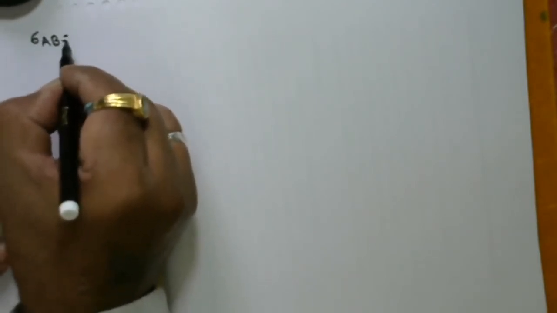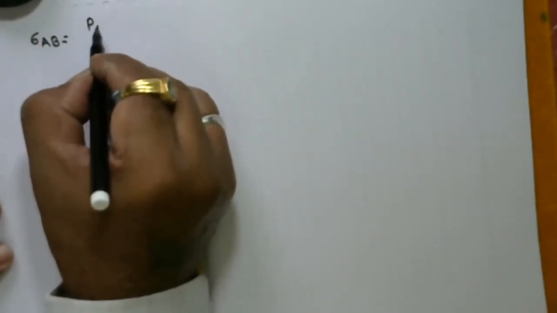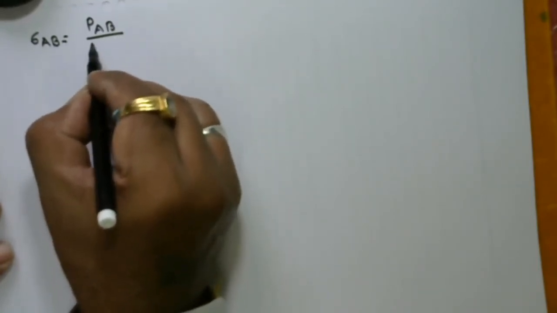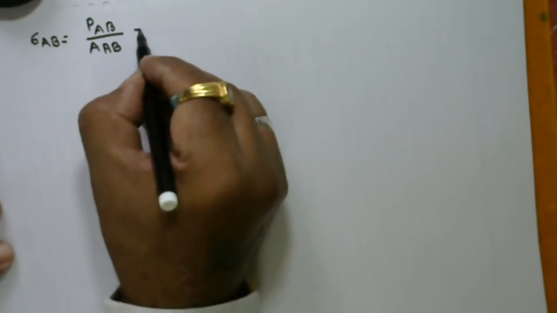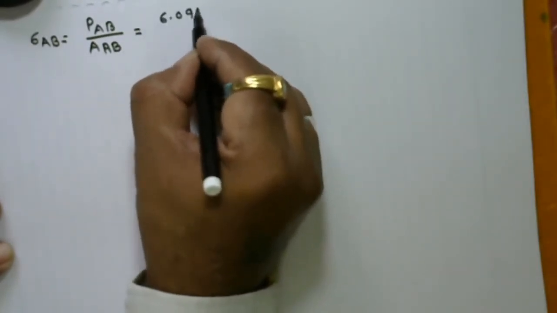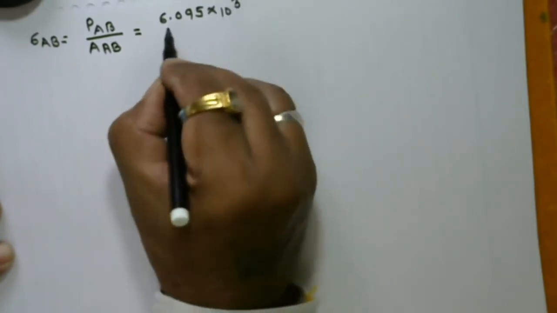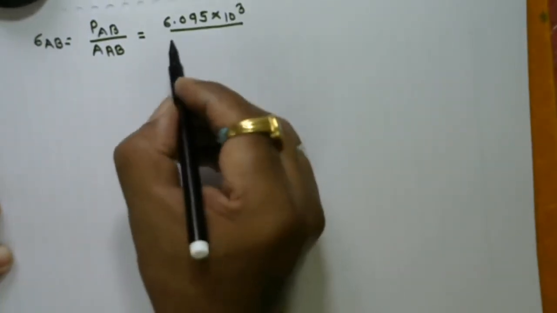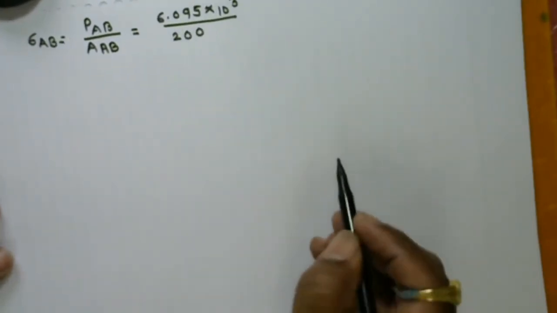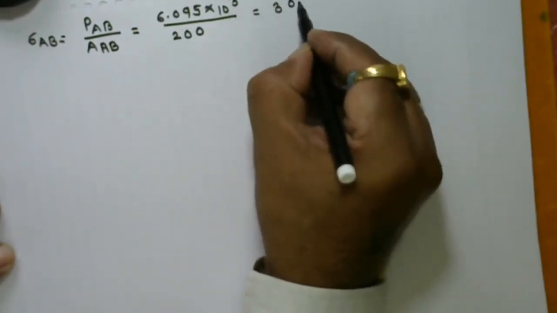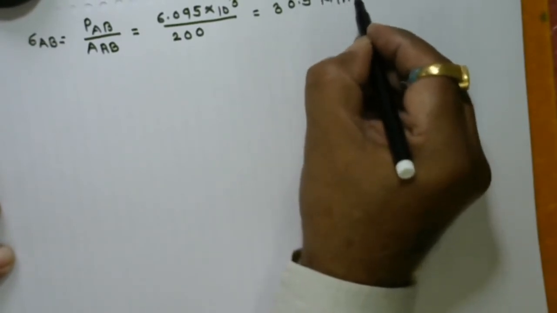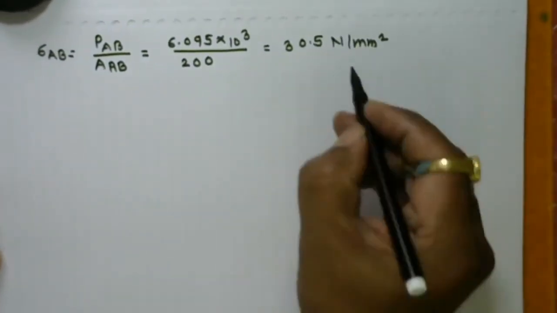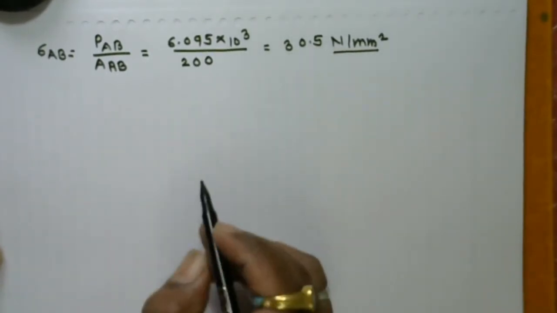Now we have to calculate the stresses acting at the links AB and EF. So sigma AB is equal to force upon area. Force acting is PAB upon cross sectional area AB. So force is 6.095 into 10 raised to 3, and its cross sectional area is given 200. So the answer is 30.5 Newton per mm square, or you may write it as megapascal, 30.5.